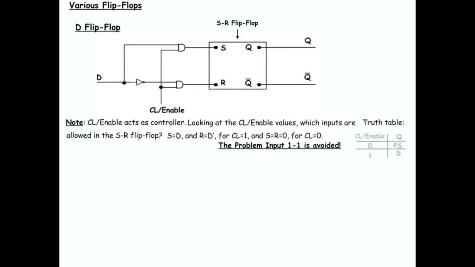Okay, so now the truth table becomes very small, and this particular truth table only depends on the control input. The clock, the controller, can be either on or off, 0 or 1. If clock is 0, then nothing changes, and the previous state of this flip-flop gate is preserved. So memory is preserved.